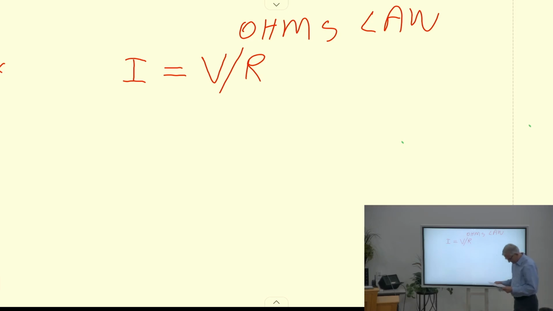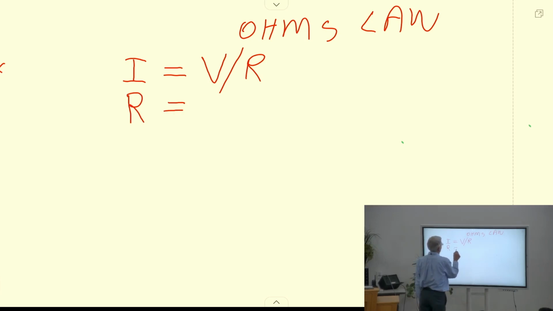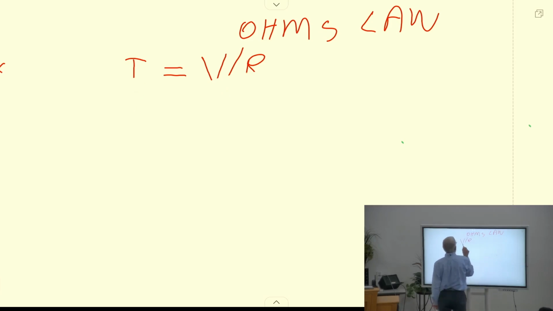So from this equation, we can also know that in my circuit, resistance equals voltage over current. I should have gotten used to using this thing.